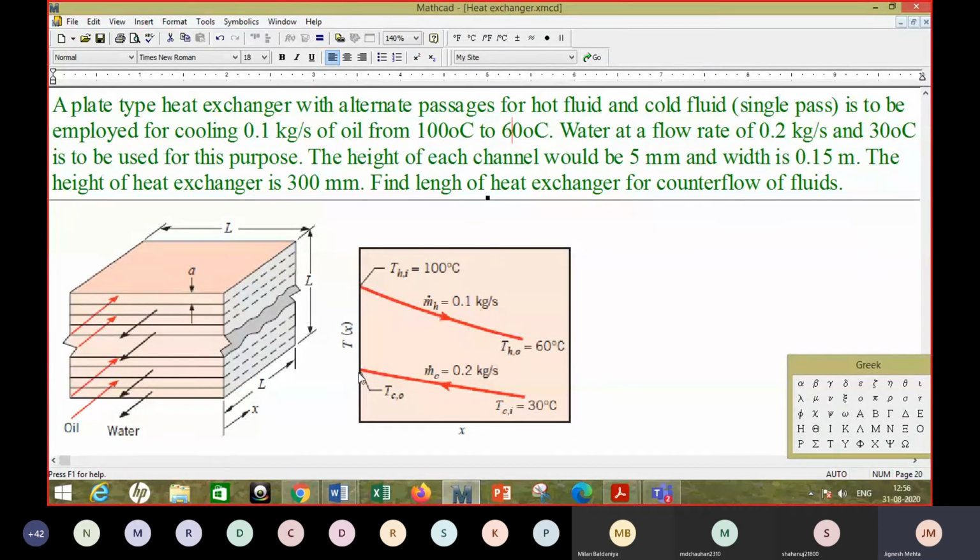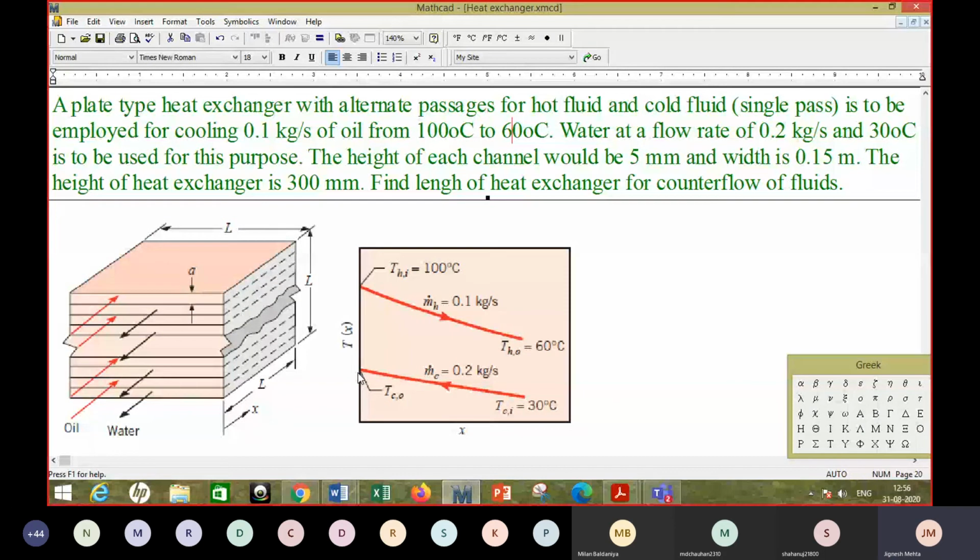So this temperature can be easily found by the energy balance, right? m cp delta T of the oil will give you the rate at which the heat transfer has to take place, and the water should take away the heat at the same rate. So you can find the water outlet temperature, and then using that you can find the log mean temperature difference for the counter flow, and then you will be able to find the area required for the heat exchange.